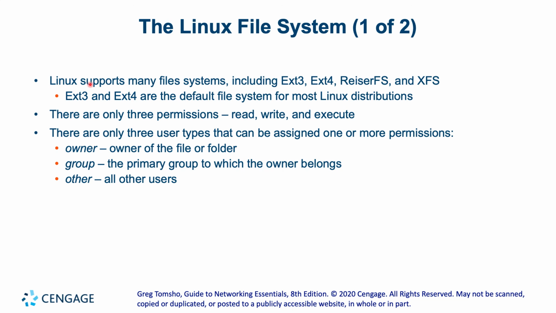Linux is a little more complicated when it comes to file systems. It has many different file systems that you can use. Ext3, Ext4, the Reiser file system, and XFS are different file systems that you can use. By default, it's going to use Ext3 or Ext4. The reason why they have different file systems is you can use Linux to do many different things.